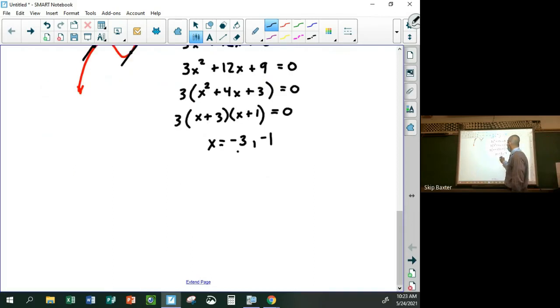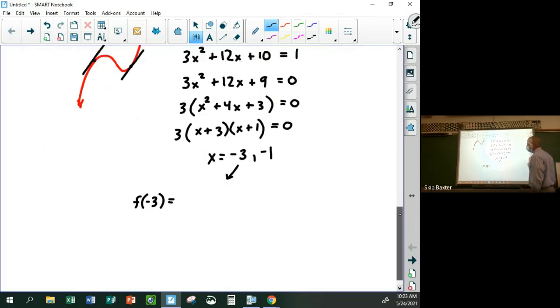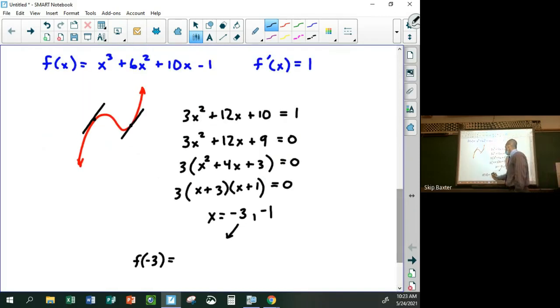Okay, so this is x, then f of -3 would equal -3 cubed plus 6 times -3 squared plus 10 times -3 minus 1.